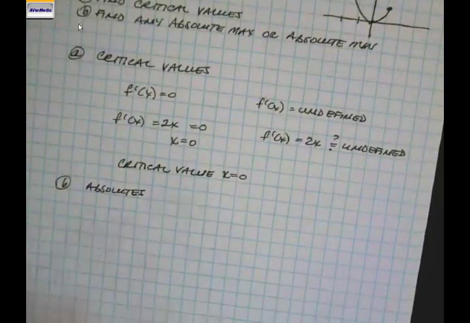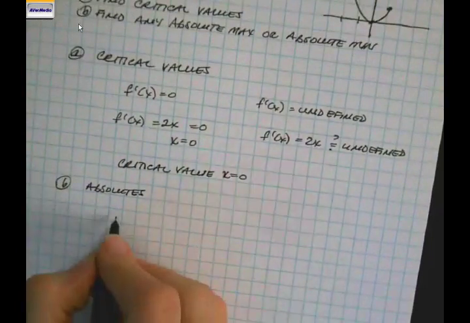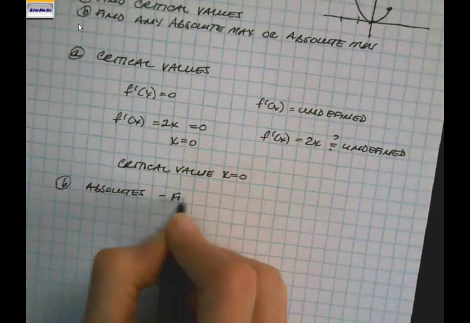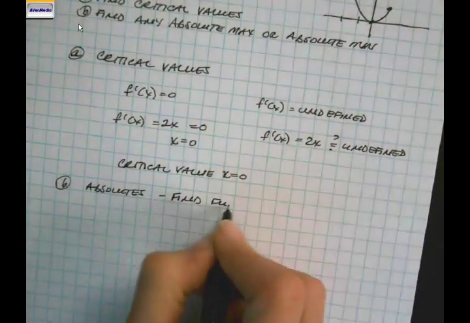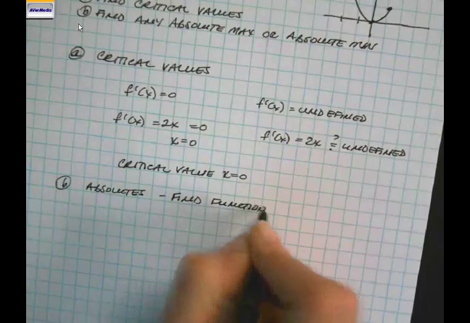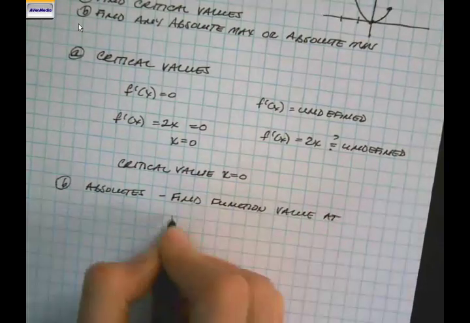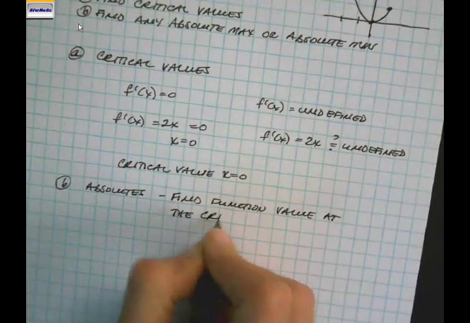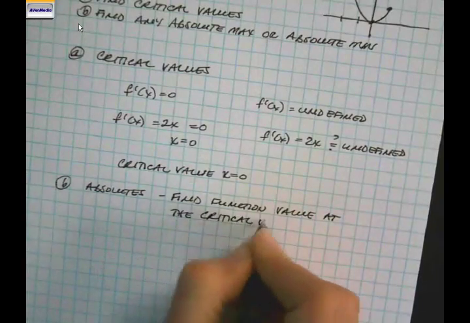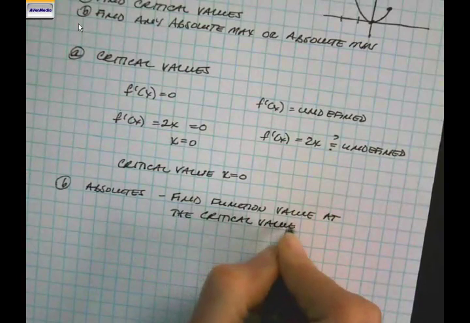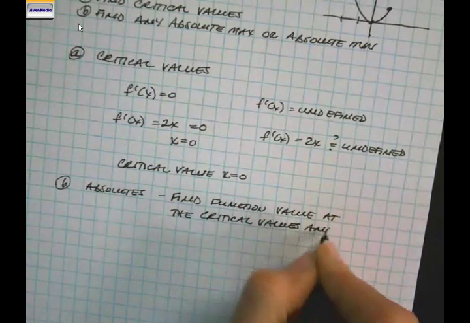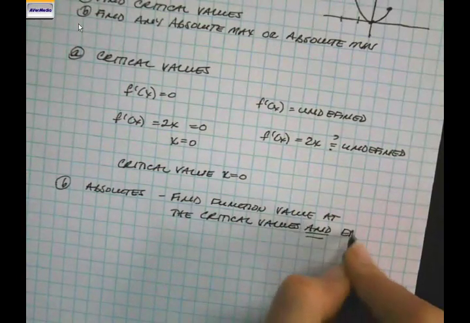To find the absolutes, I take the function value at the criticals and at the endpoints. Find the function value at the critical numbers or the critical values and the endpoints.